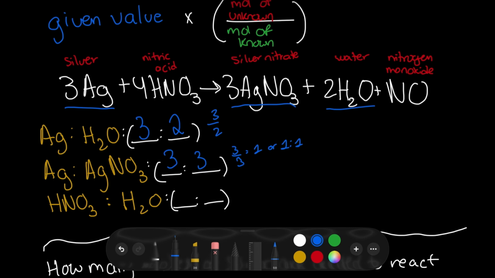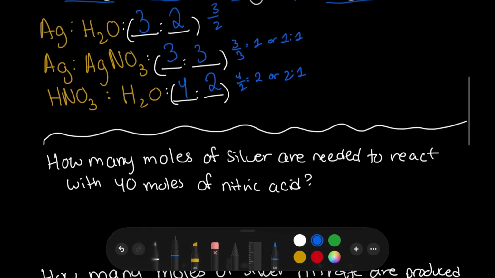We have 4 nitric acid and 2 water. So you can write it as 4 over 2, which is also just 2, or a 2 to 1 ratio. So these are your ratios. These ratios are going to help you, and they serve similarly to a conversion factor.